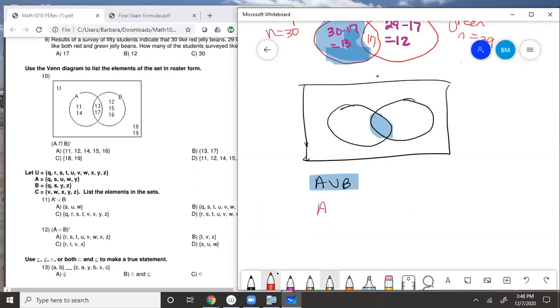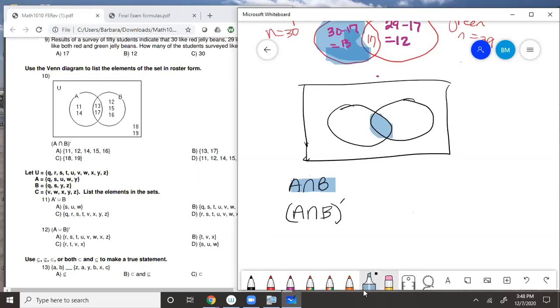Let me just rewrite that. That's A intersect B. Now we're going to get the complement of this, right? So it's everything outside of what I just highlighted, everything that's not highlighted.